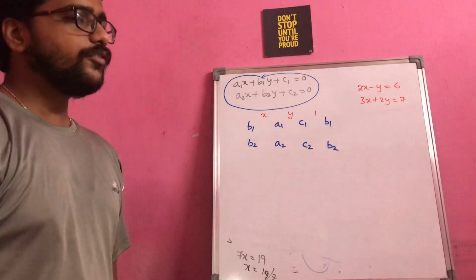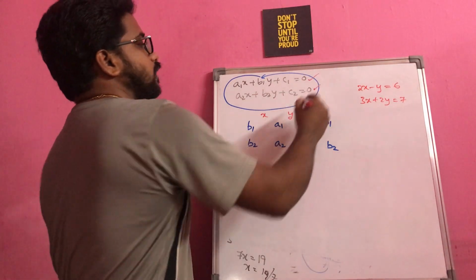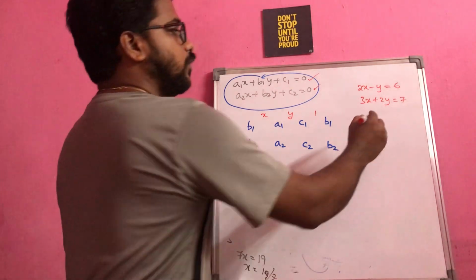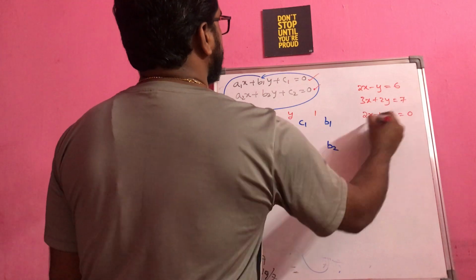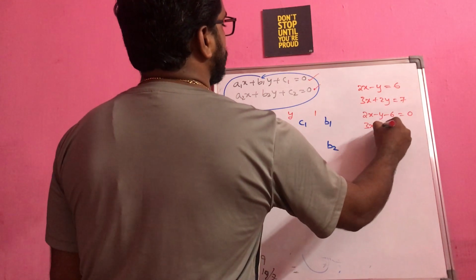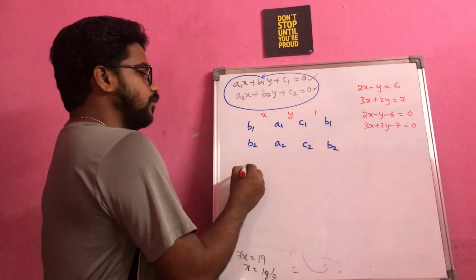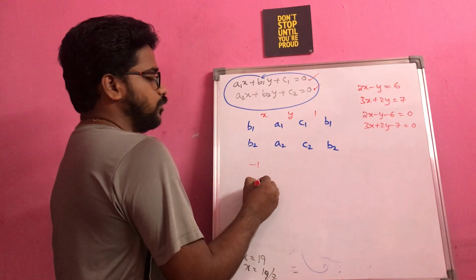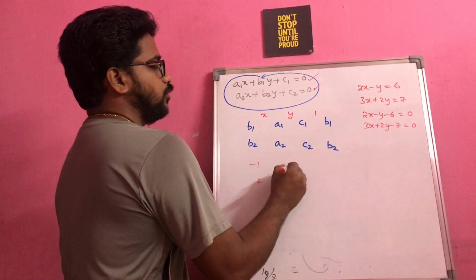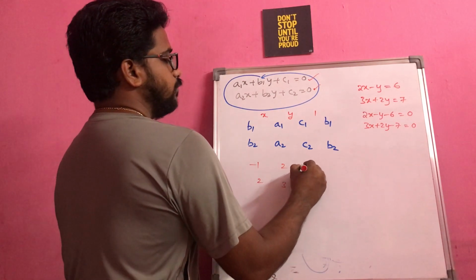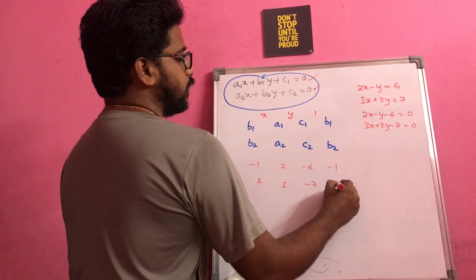First thing you have to understand is the equations should be in the standard form like this. So rearrange: you will get 2x minus y minus 6 is equal to 0 and 3x plus 2y minus 7 is equal to 0. Comparing, a1, a2 are 2, 3, c1, c2 are minus 6, minus 7, and b1, b2 are minus 1, 2.